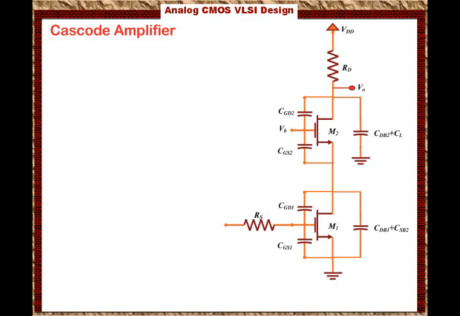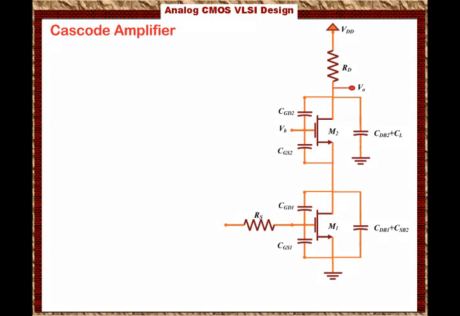So these are the capacitances we have, and you can add any other equivalent capacitances that come from RD, because remember RD is a transistor, so if there are equivalent capacitances looking up, they will be added up to CL. But in this particular circuit we don't have it, so we're going to ignore it.